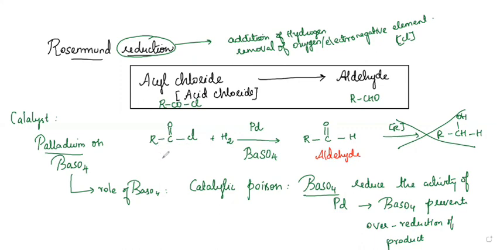So when acyl chloride is reduced to aldehyde, that is called Rosenmund reduction. Now the question for you: can we prepare all kinds of aldehydes using this method? All aldehydes cannot be prepared.